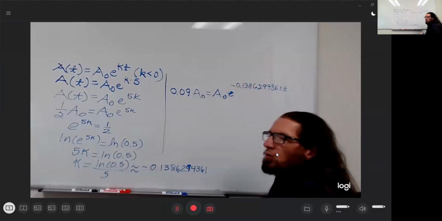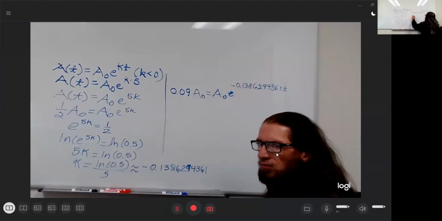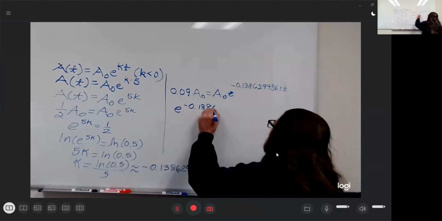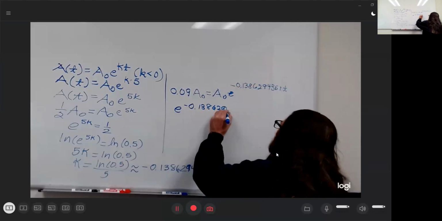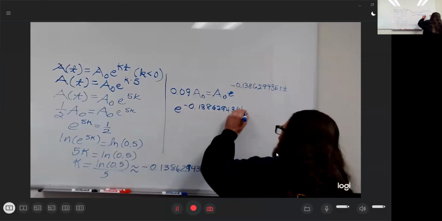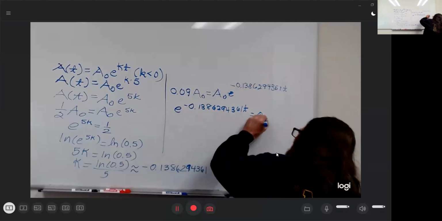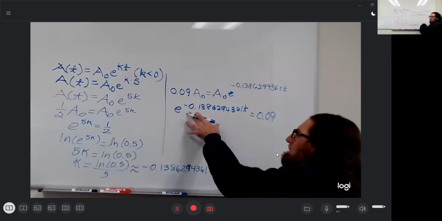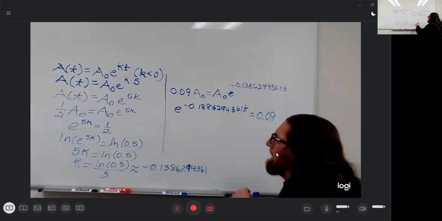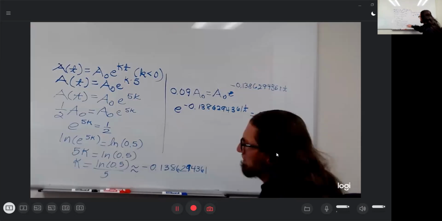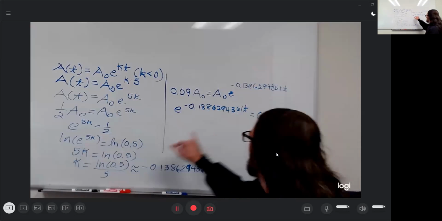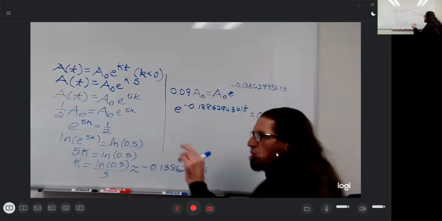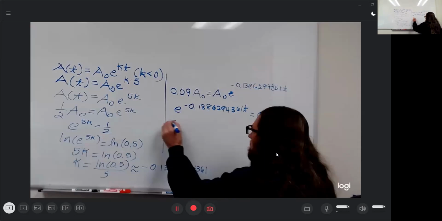Divide both sides by the initial amount again. And that'll just give us that e to that power is equal to 0.09. Take the natural log of both sides, and once again, it's going to cancel out the e, leaving us at a, quote, regular level, what was in the exponent.